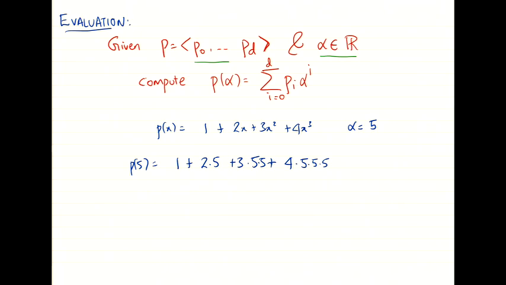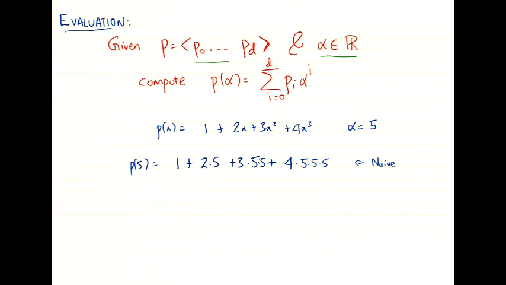Does it make sense? Of course, this is a naive approach to compute this. If you did this, how much time would you take? How many additions and multiplications? Yes, O of n squared.